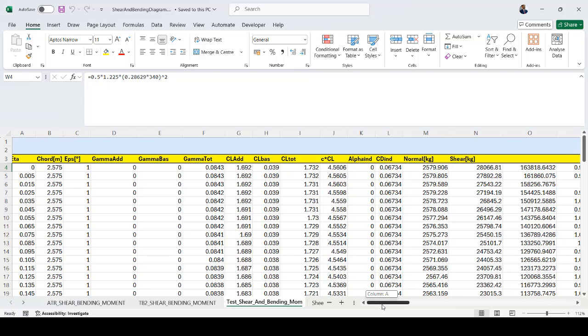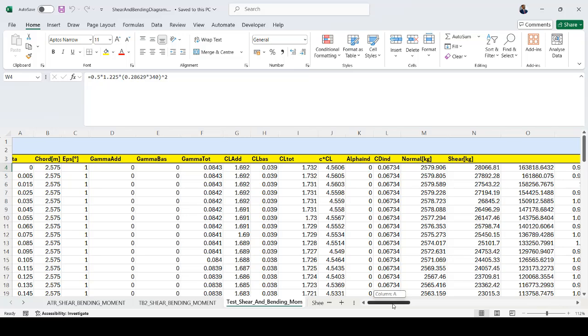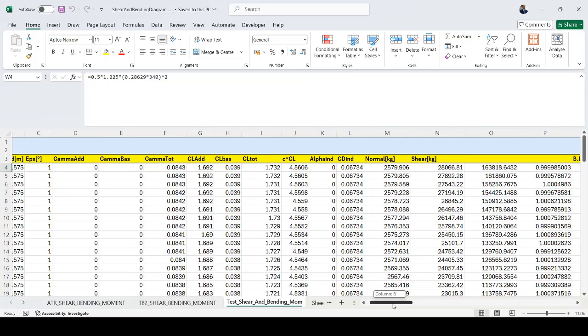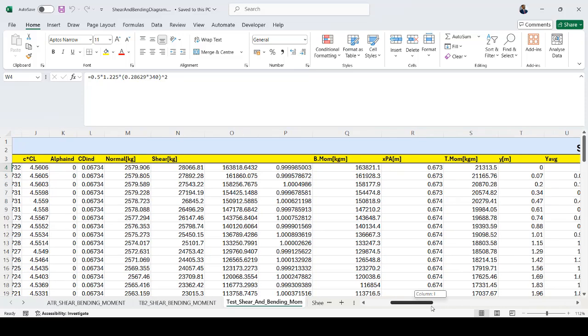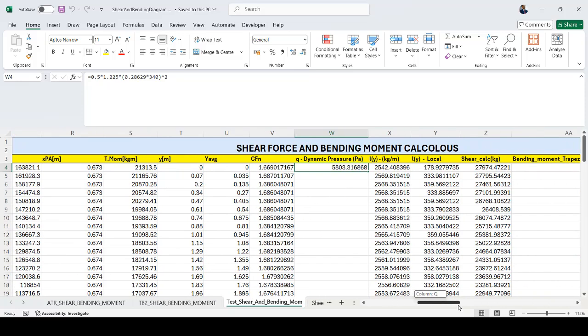Here eta is the non-dimensional station along the semi-wing, so half wing. We have all this output. This is the shear calculated from the software, the bending moment, and also here we have the torsion moment. But now we skip this for the moment.